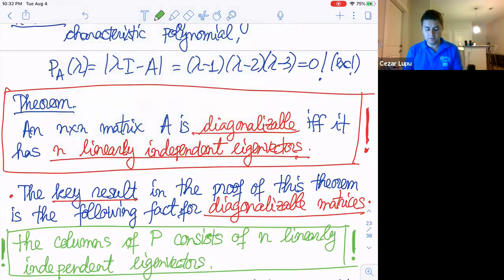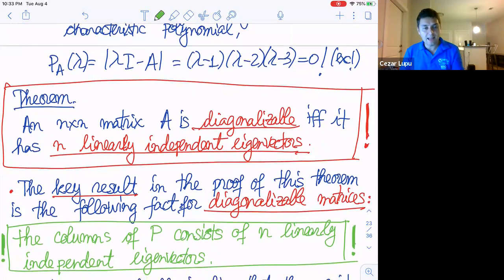This fact is very, very important. The columns of P, well, as you can see, if we take the implication from left to right, we know that A is diagonalizable, so therefore there exists an invertible matrix P such that P inverse times A times P is a matrix D, which is diagonal.